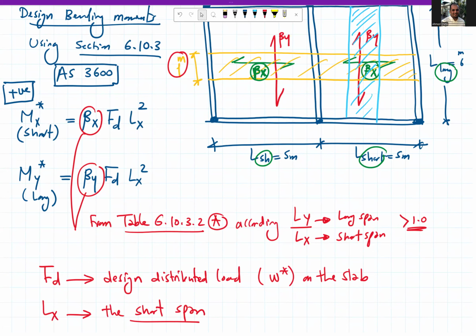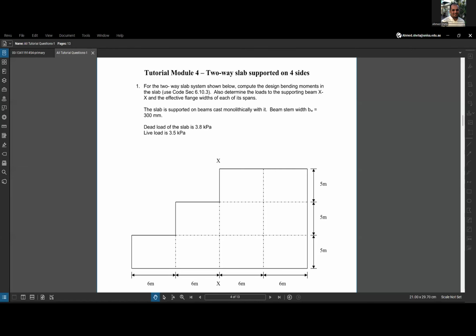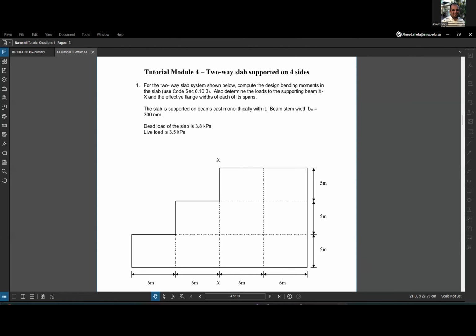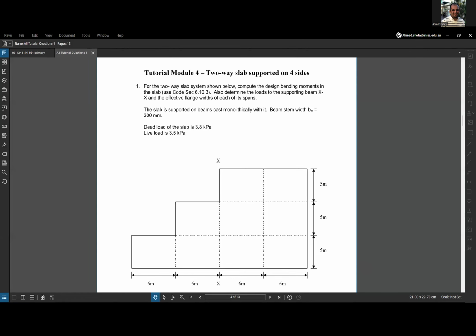Okay, so what I will do now is start going through the example we have today. If we look at our example today, we have the slab here with four spans in x, the horizontal direction, and three spans in the vertical direction. So I will share my notebook screen again. Look here.